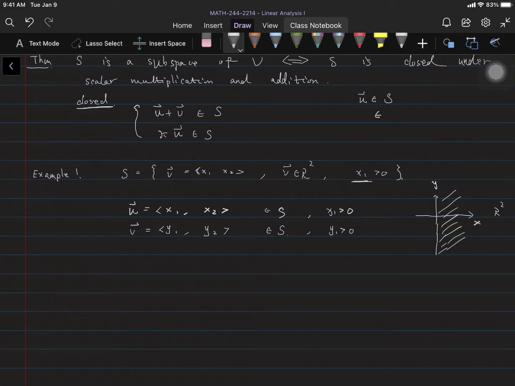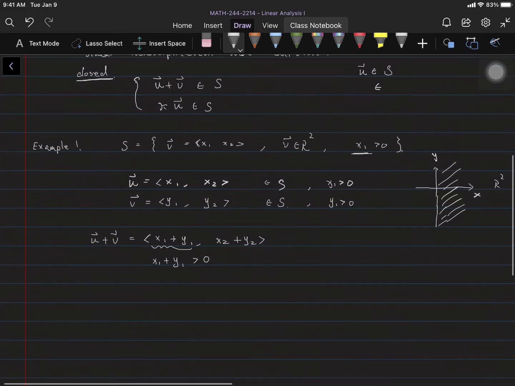Now let's take a look at the sum. We want to see if the sum still belongs to S or not. The sum is (x1 plus y1, x2 plus y2). Because x1 and y1 are both greater than 0, the sum definitely is greater than 0. So this vector is inside S because it satisfies the condition for the subset S. The first component is positive, right?